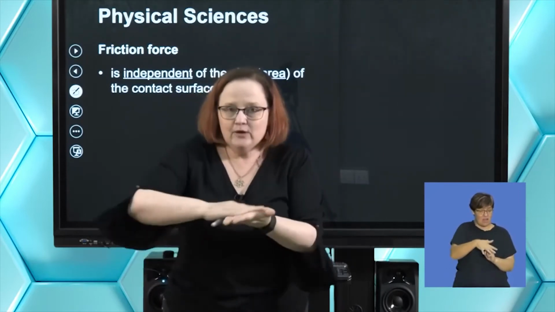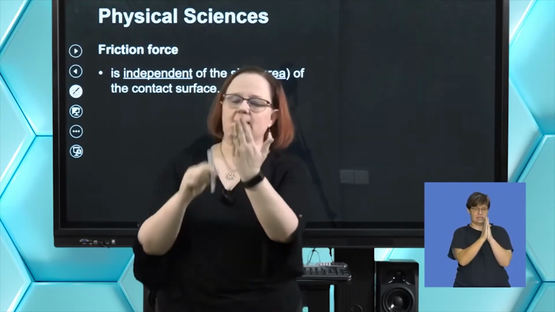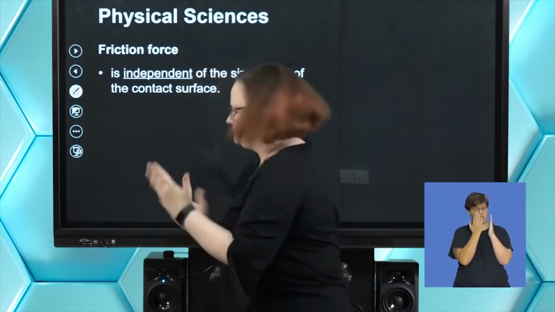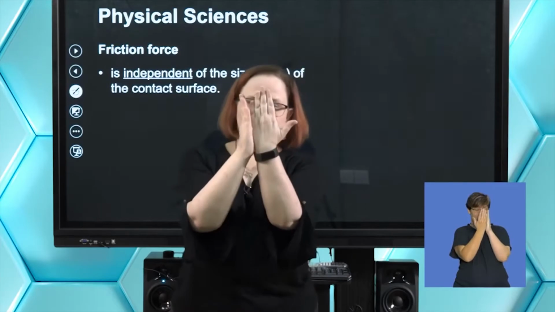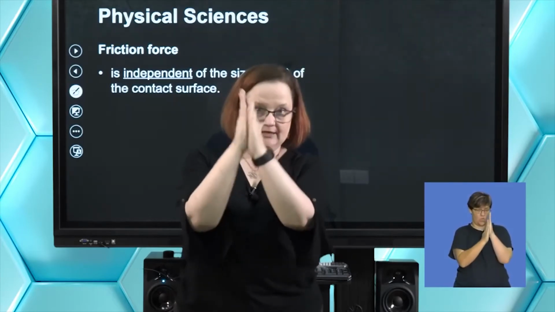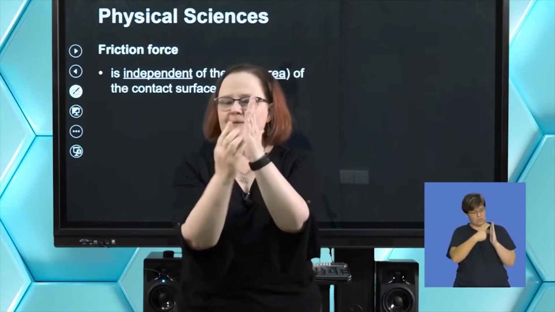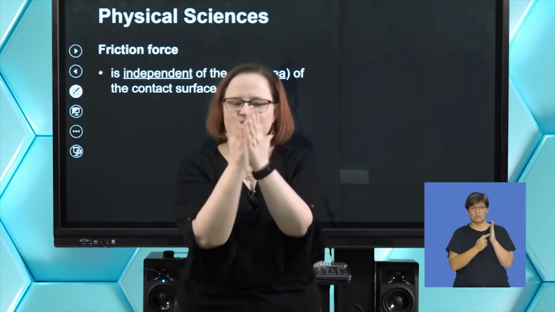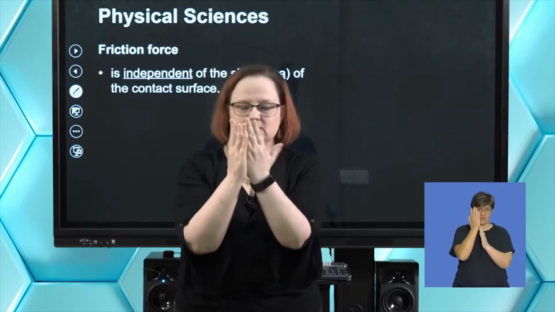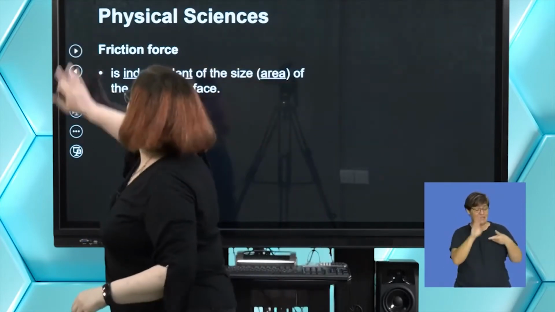Whether I'm looking at my hand against my hand, whether my hands go this way around on each other or this way on each other, they'll have the same amount of frictional force, because it's not about this area, it's about the type of surface, okay? That's the first thing.